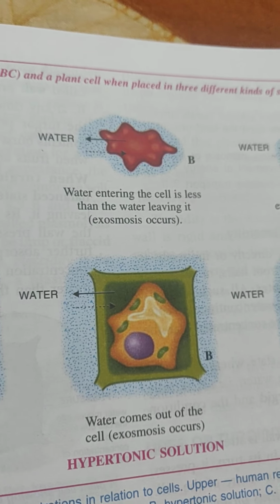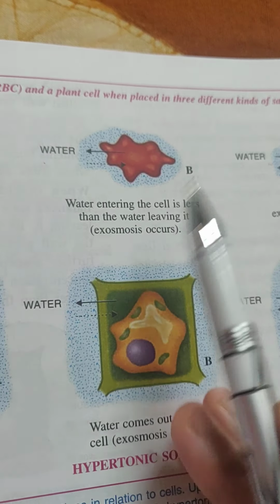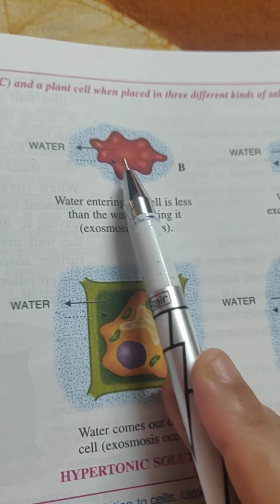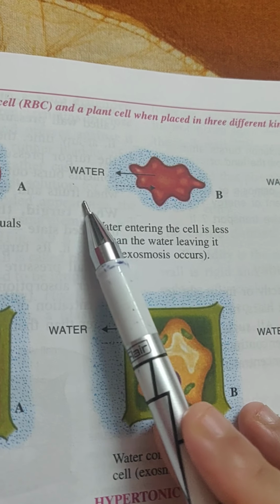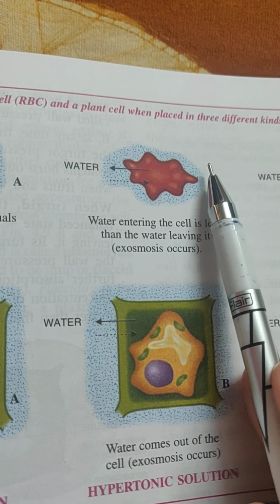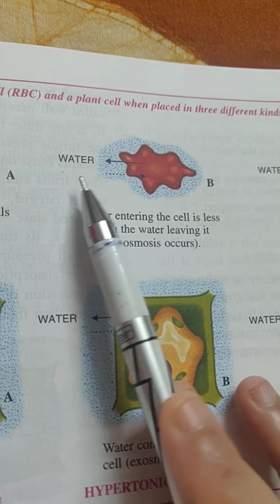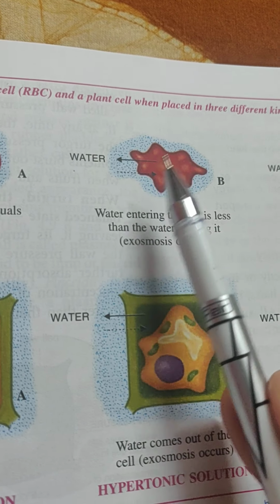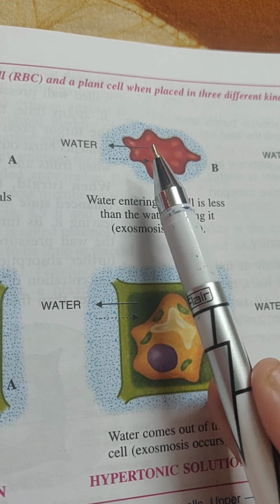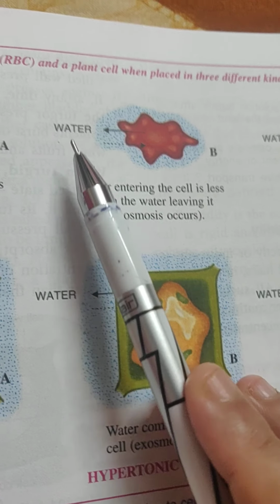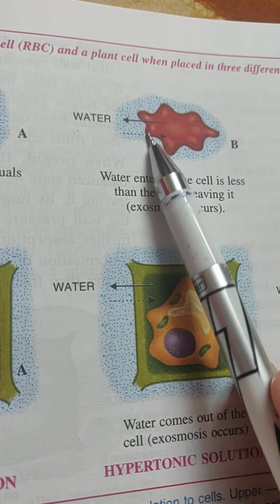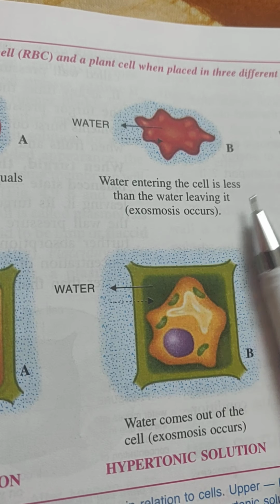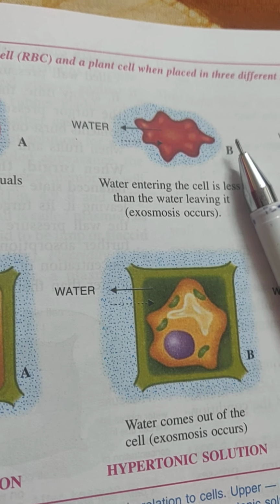In this case, the water molecules from the interior of the cell will move out; water entering the cell is less than the water leaving it. So the net movement of water will be towards the outside, and this kind of osmosis is known as exosmosis.